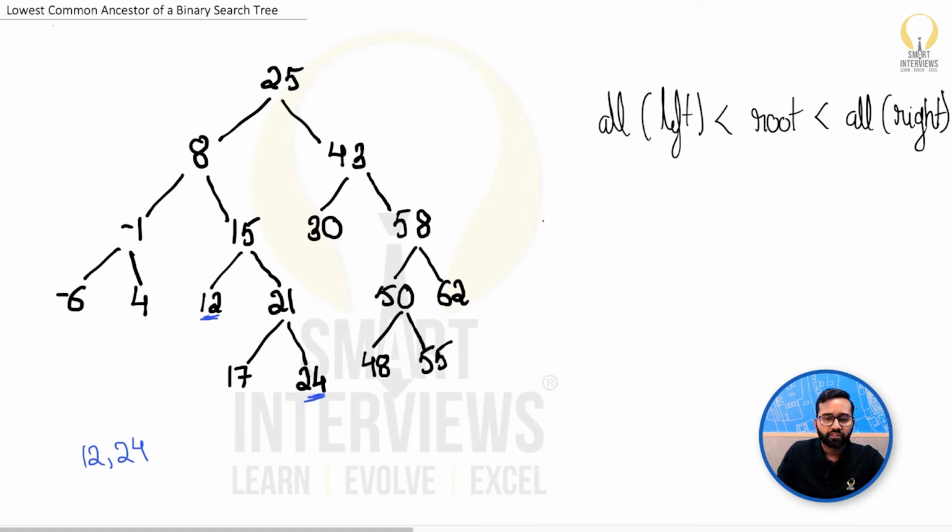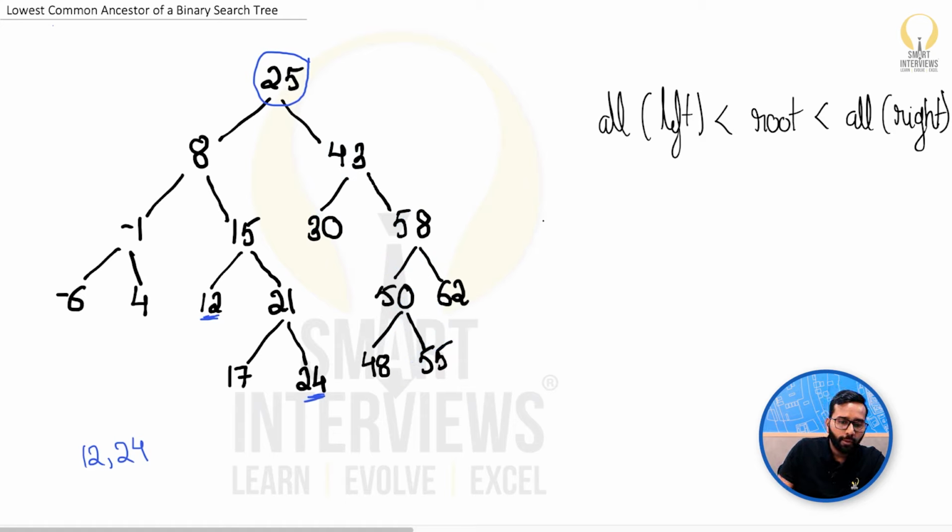Now in the previous logic, we were searching the entire tree for the given two nodes P and Q. But in a BST, the moment you start searching from the root node, you realize that both 12 and 24 are less than 25. So instead of searching in the entire tree, we can only search in the left subtree. So we can skip this entire part and just continue with our search on the left side.